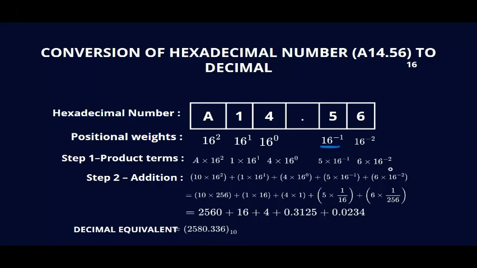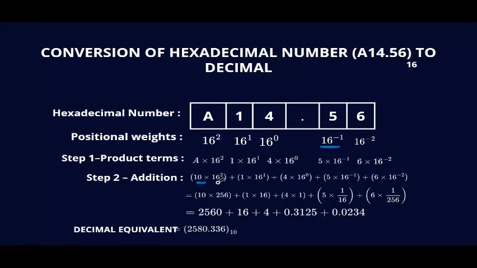In the next step, we take the sum of all these product terms. Here you can note that the decimal counterpart of A is 10. So we get 10 into 16 square plus 1 into 16 raised to 1 and so on. That is, we add all these product terms together.